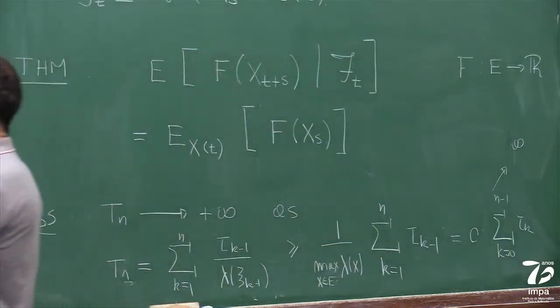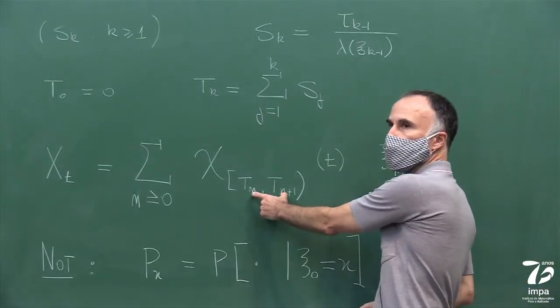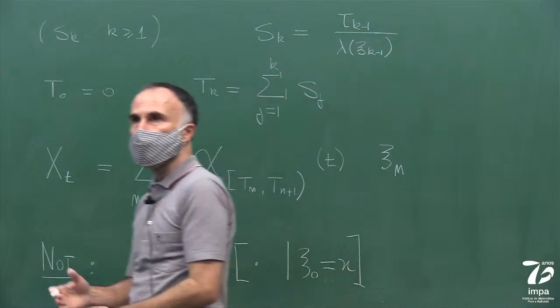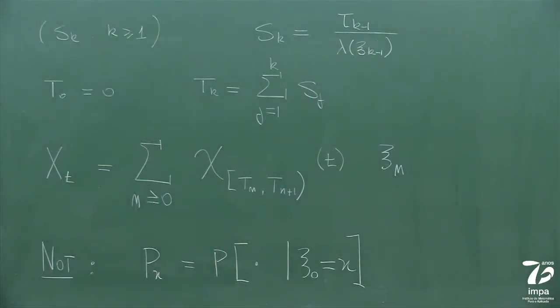And therefore, for any t, it belongs to one of these intervals. There would be a problem if Tn was converging to some fixed T0, how to define xt for t larger than this T0, but this is not the case because Tn is converging to plus infinity.